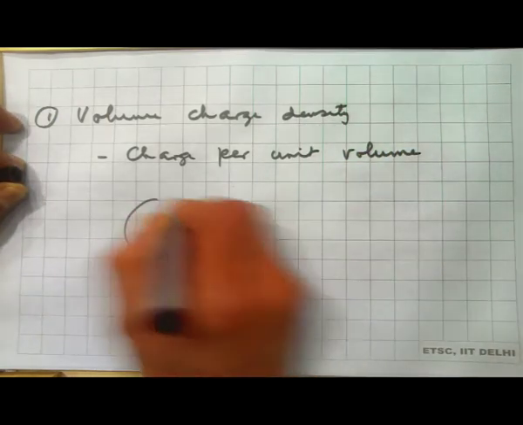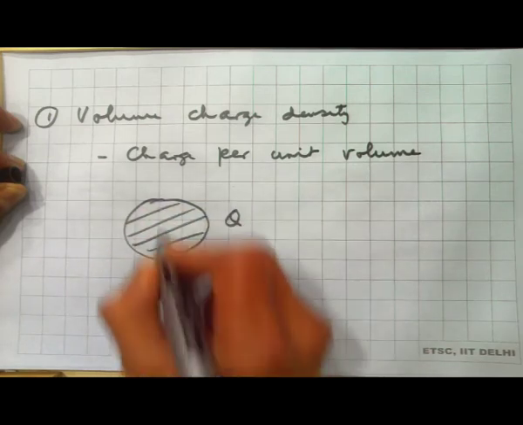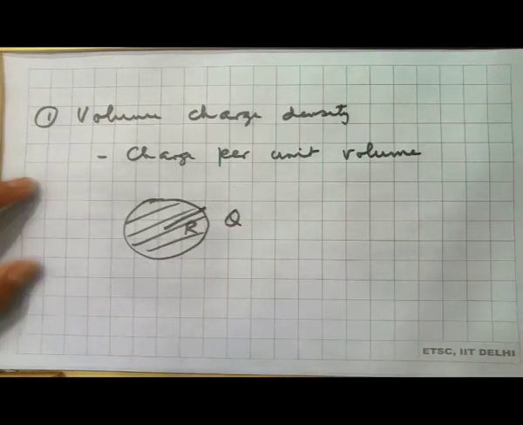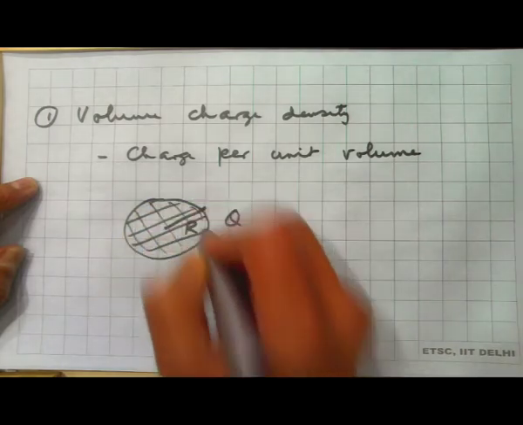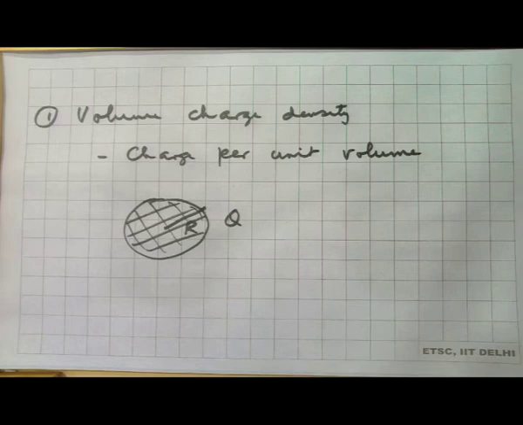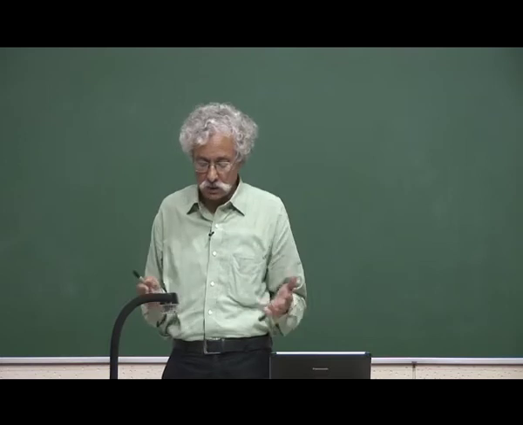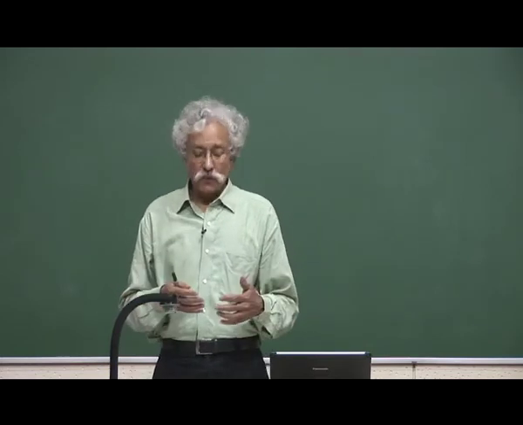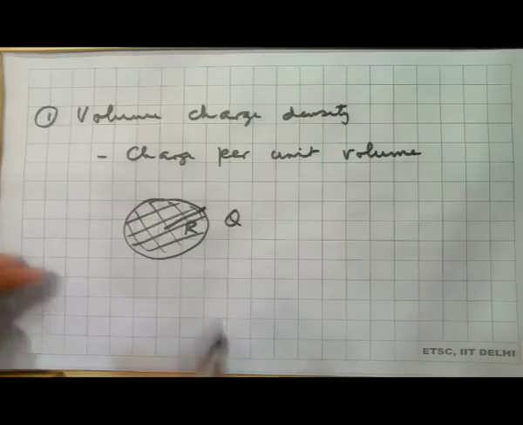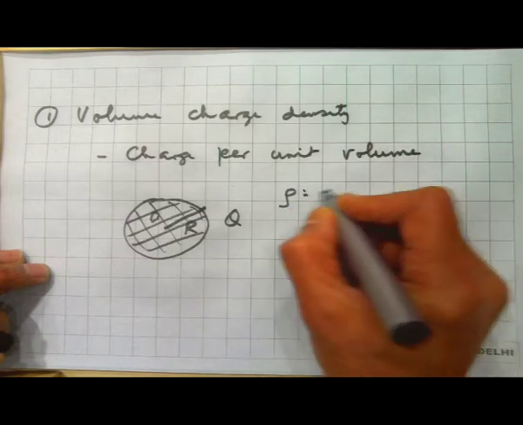I have a sphere of radius r, in which a charge of capital Q is distributed uniformly throughout the volume of the sphere. It is like having a uniform distribution of mass in a sphere. Charge is another characteristic of a particle. So, I have charge distributed uniformly. I take a small unit volume inside and I can define this as the charge per unit volume.